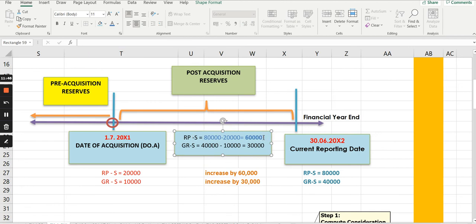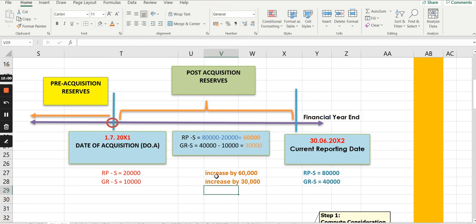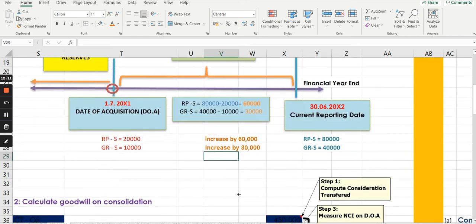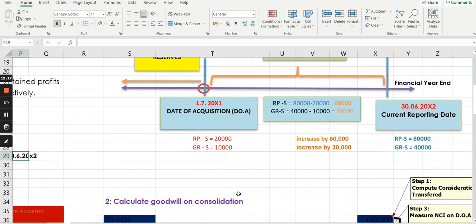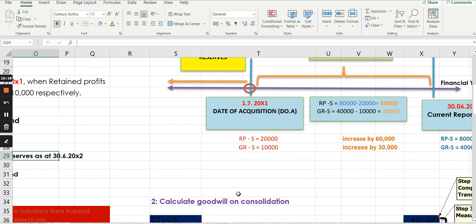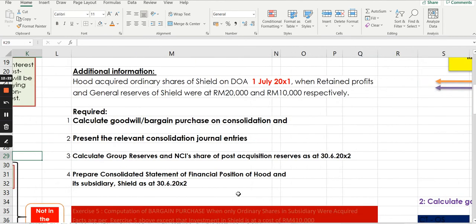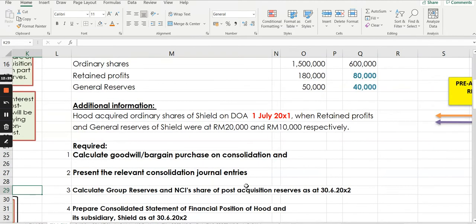After you have considered all the intercompany transactions and adjustments, part of it will be shared by the parent, and part of it by the non-controlling interest. That is the concept of pre-acquisition reserve and post-acquisition reserve. For this question, there is no intra-group transaction yet.